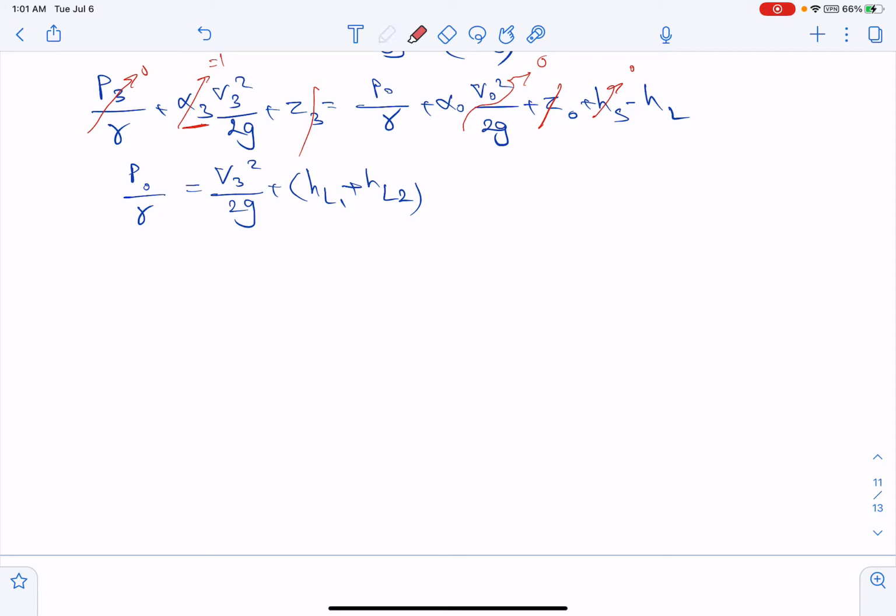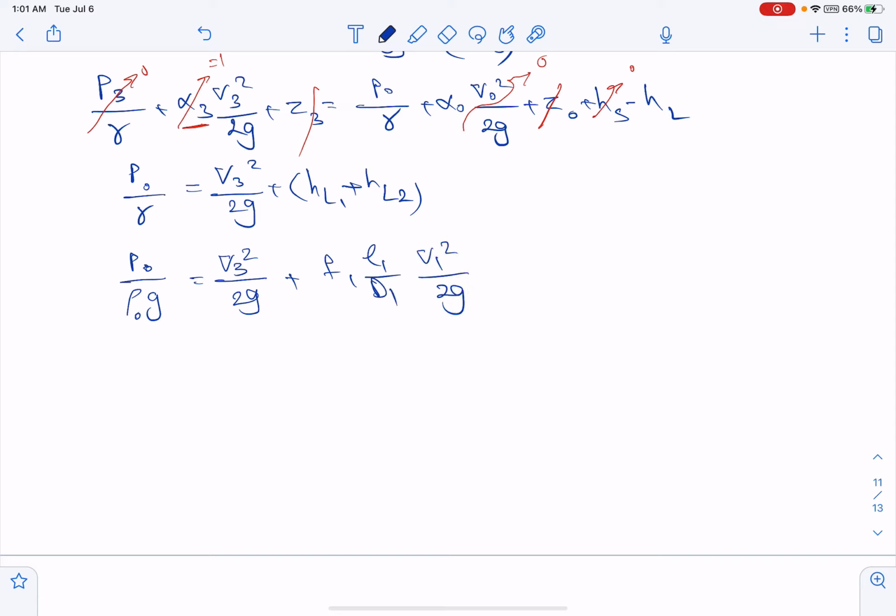Now let's see how we can substitute all the values. P0 over rho 0 g equals V3 squared over 2g plus HL1, which is f1 L1 over D1 times V1 squared over 2g, plus f2 times L2 over D2 times V2 squared over 2g.